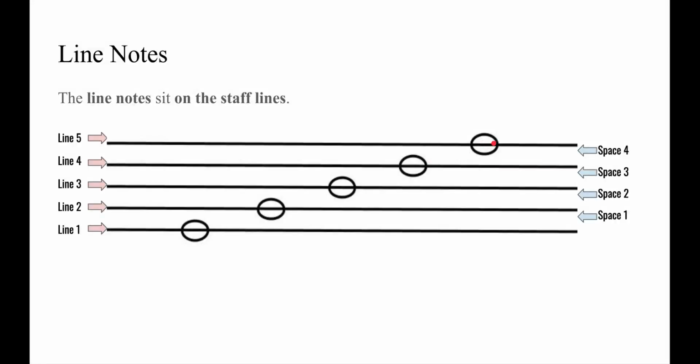Now, this might sound kind of silly, but I have this special way to remember which ones are the line notes. So, have you ever heard of a kebab? A kebab is like pretty much food on a stick. So, sometimes I imagine that the staff lines are all a bunch of sticks and that the notes are like the food.